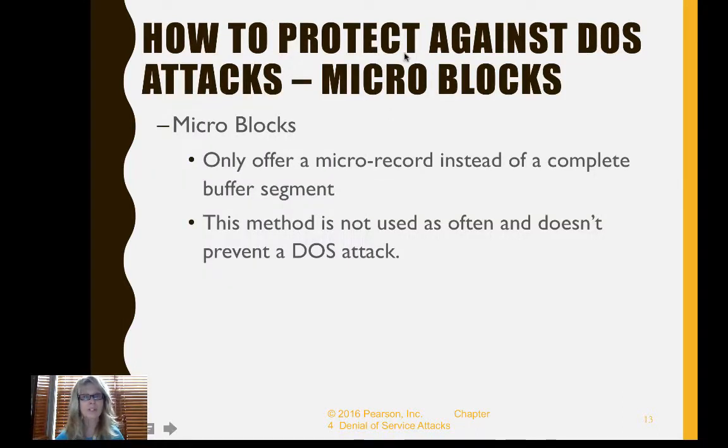So how do you protect against these? How to protect against DOS attacks? Well, a microblock is one method. And what that is, if you remember from the last slide, there were these segments that were saved on a server. So if you're using microblocks, you're only saving a very small part of the buffer.